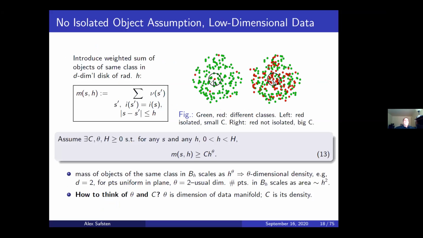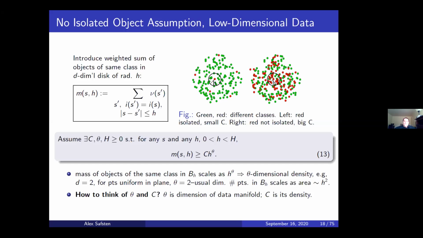So the no isolated object assumption states that if we select an object from the training set, then the amount of objects that are within a distance h of that object scales like h to the theta. So this says that each class in our training set occupies, or nearly occupies, a manifold of dimension greater than or equal to theta.